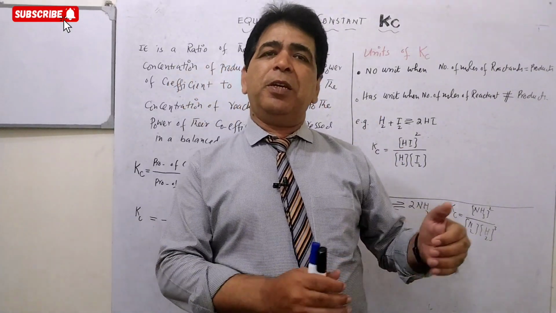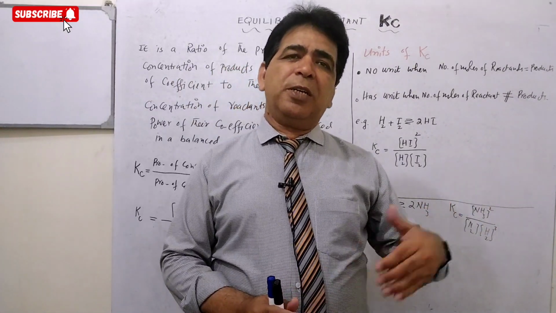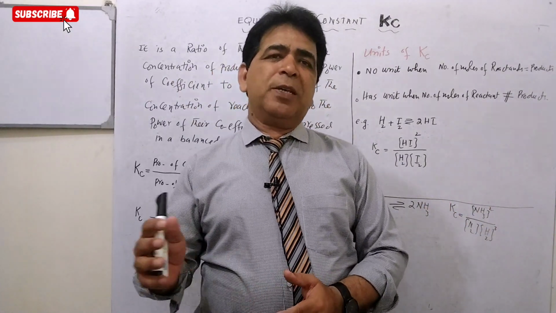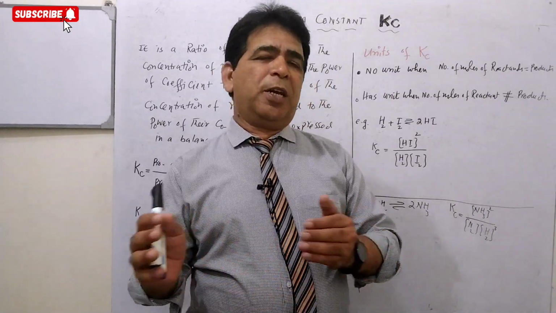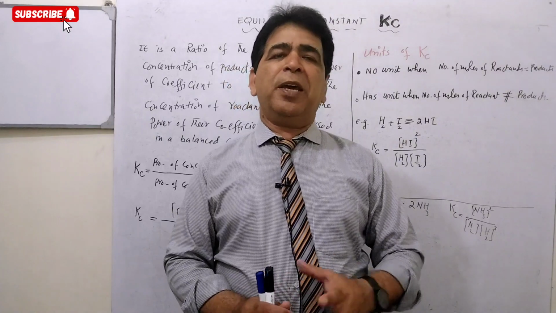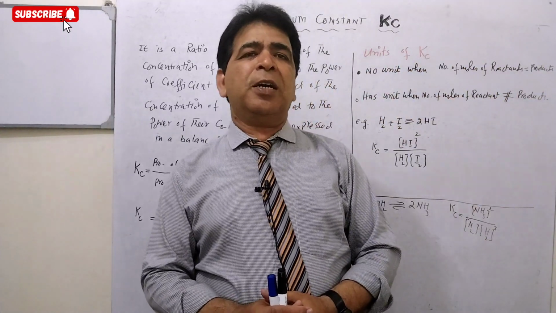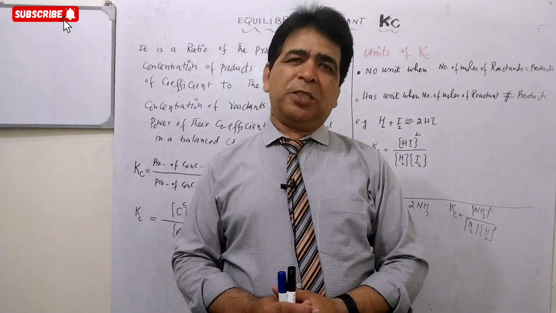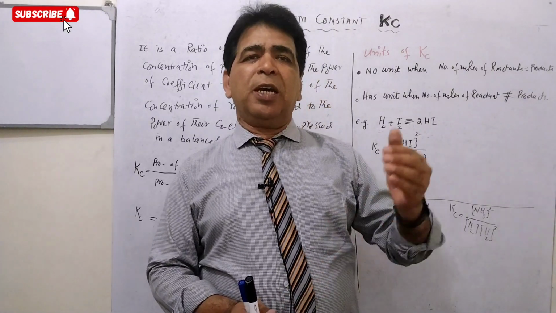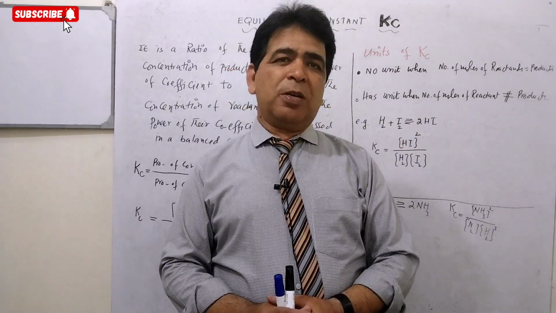And when we discussed the law of mass action, we studied there that when the rate of forward reaction becomes equal to the rate of reverse reaction, then we take the ratio between the products and reactants molar concentrations, and that ratio gives a new constant that is called the equilibrium constant.